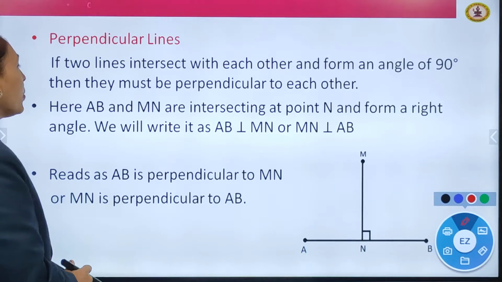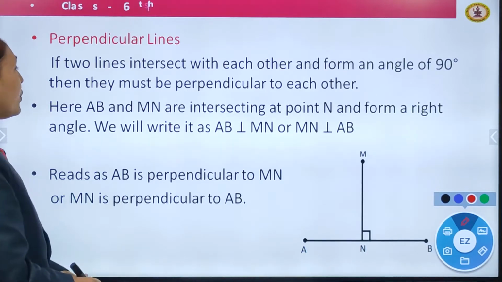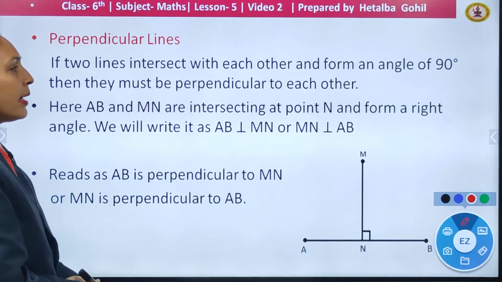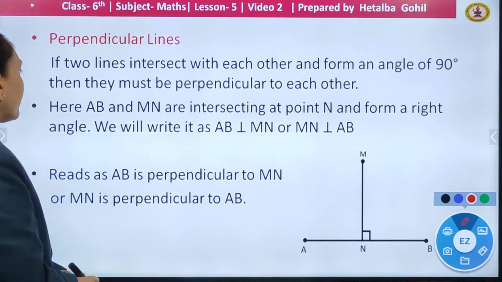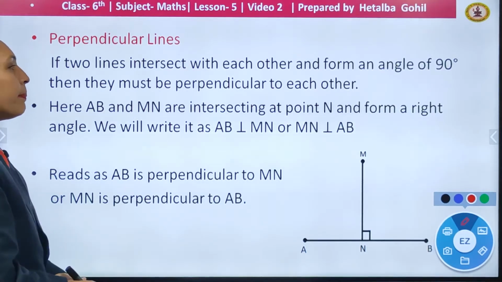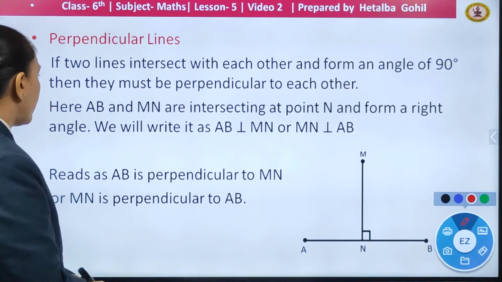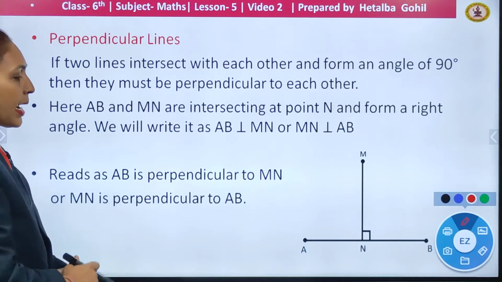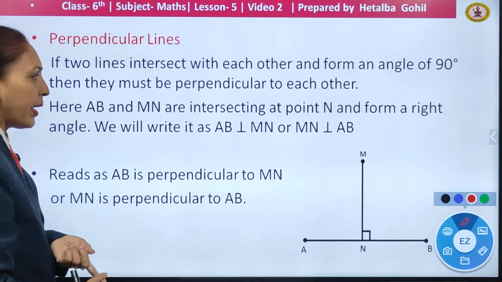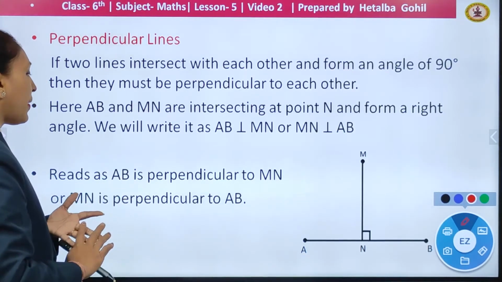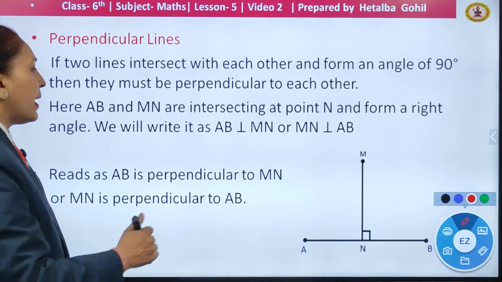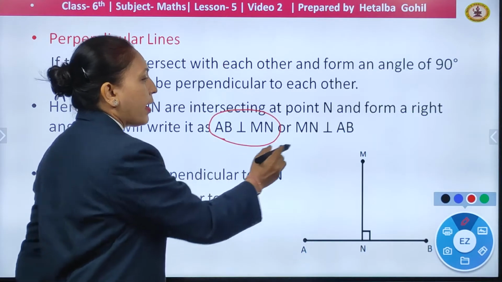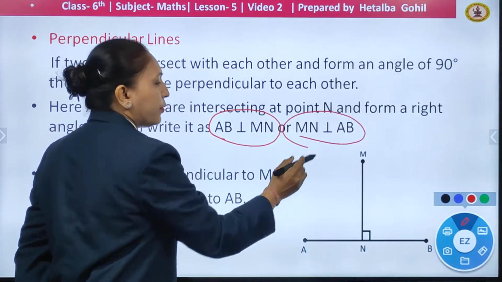Now perpendicular lines. If two lines intersect each other and form an angle of 90 degrees, then they are perpendicular to each other. Here AB and MN are intersecting at point M. They are meeting at point M and forming a right angle, and we write AB perpendicular to MN, or MN is perpendicular to AB.